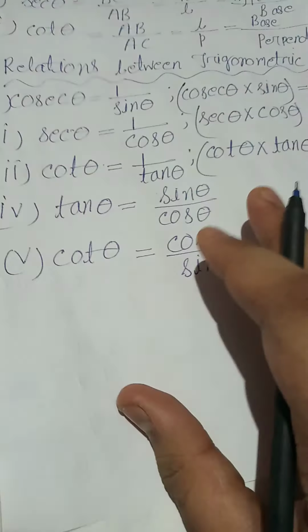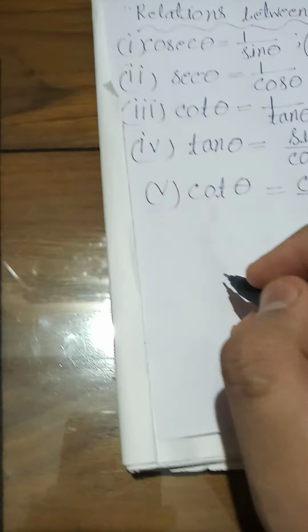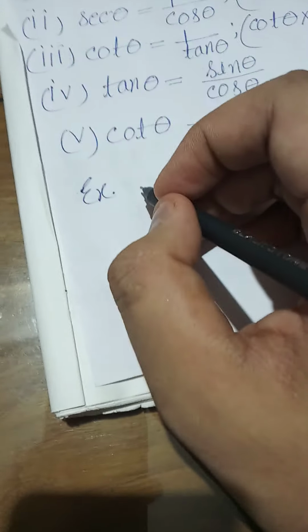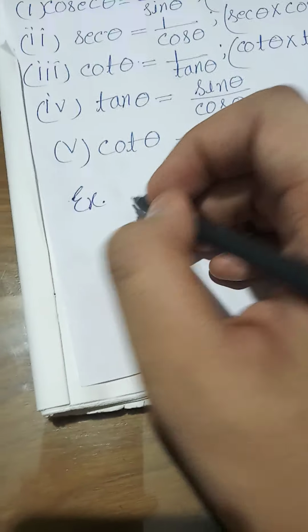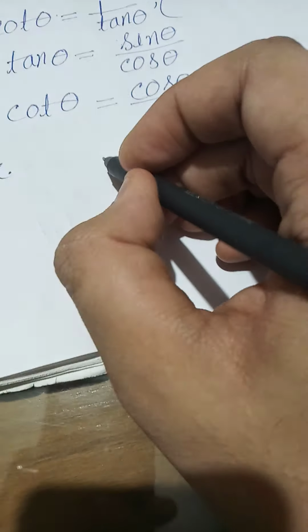Now we understand with an example to clear that. So now we consider the example: find the six trigonometric ratios of an angle in the given figure.